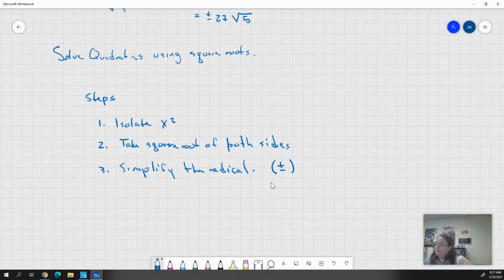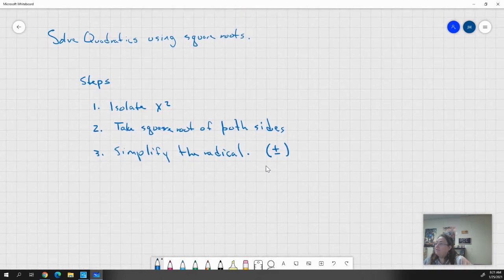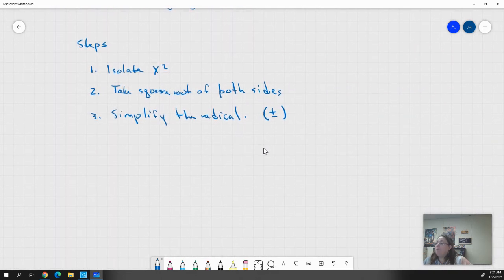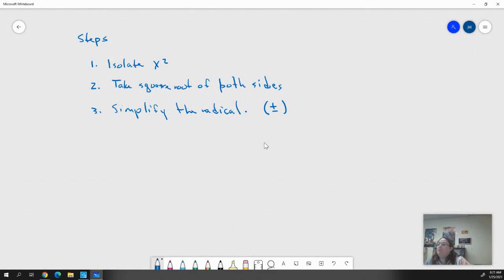One little piece of information is this doesn't work with all quadratics. We have been looking at quadratics in the form of ax squared plus bx plus c. We can only solve quadratics by square roots if they don't have a bx term, right?